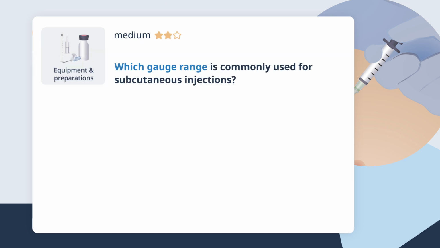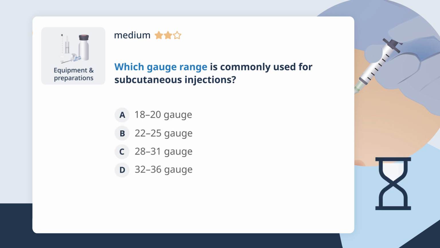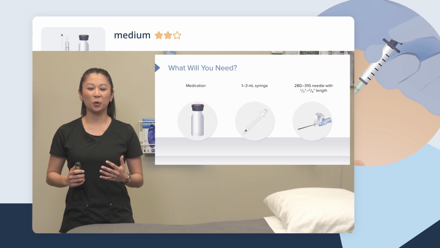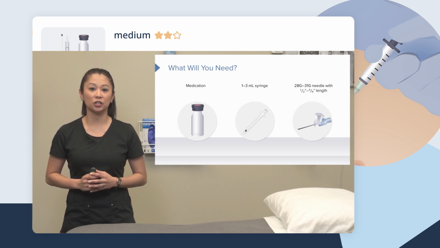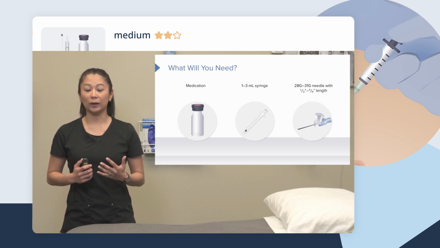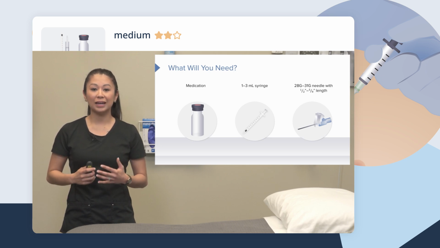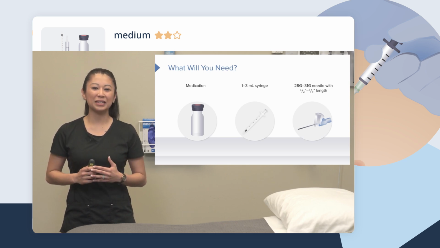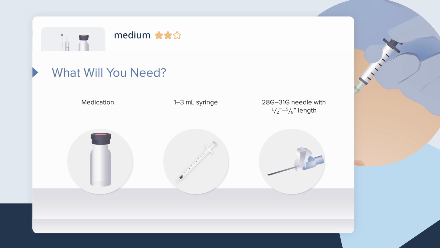Which gauge range is commonly used for subcutaneous injections? And of course, we're going to need our needle for injection. Now, this is going to vary depending on the device you use. The gauge, meaning the diameter of the needle, is going to range anywhere from about 28 to about 31 gauge.